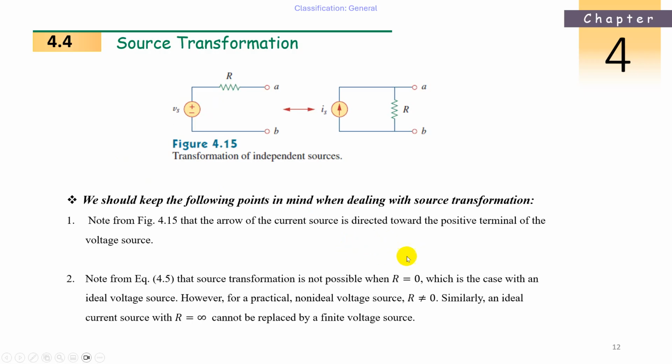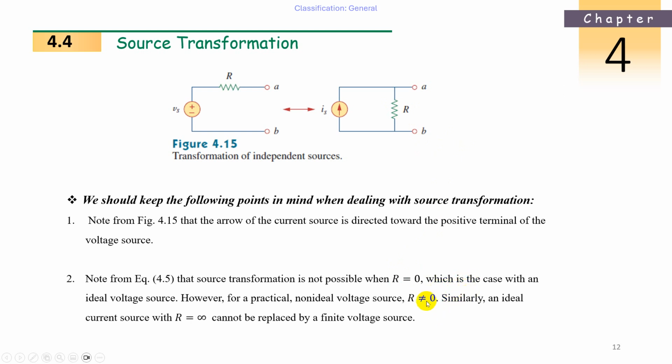Any voltage source will have a leakage resistance, which always acts in series with the voltage source. Similarly, a current source always has a leakage resistance, connected across the current source in parallel. So that's why when R is equal to 0, source transformation from voltage source to current source is not possible.